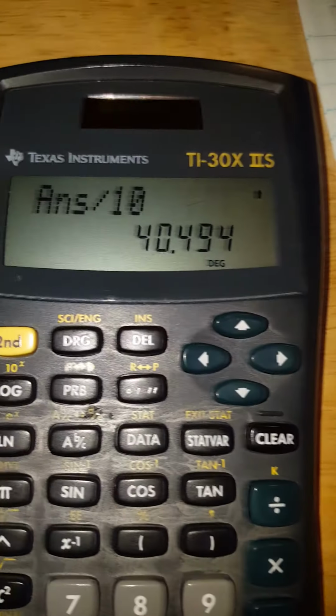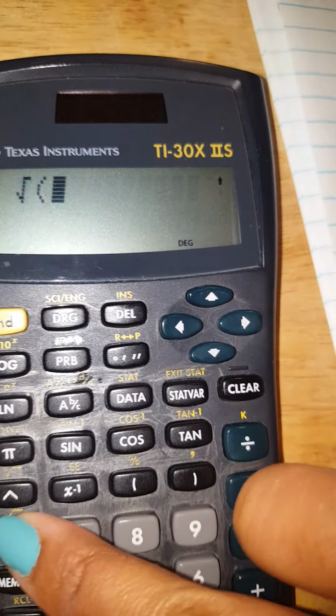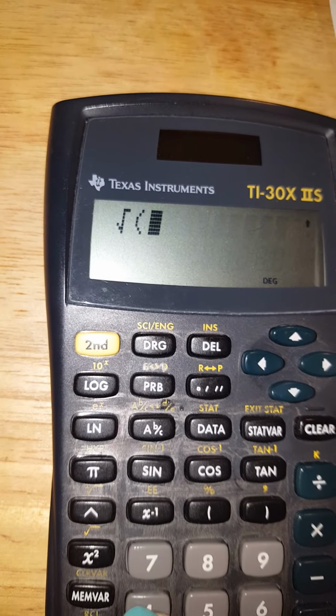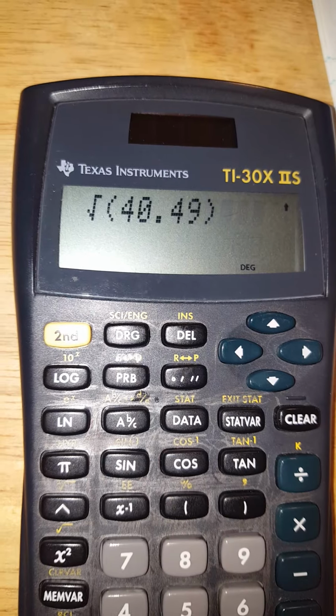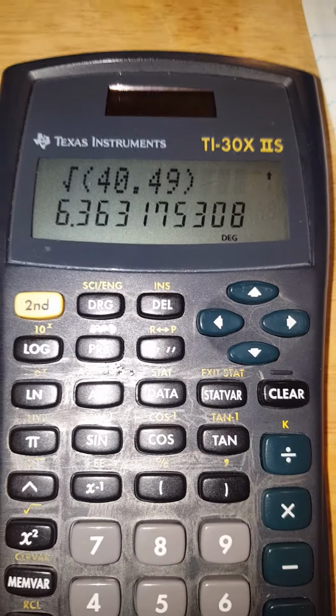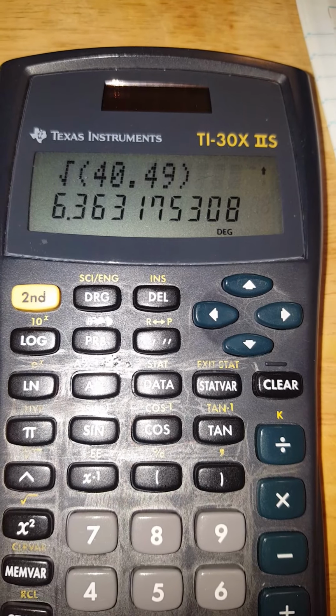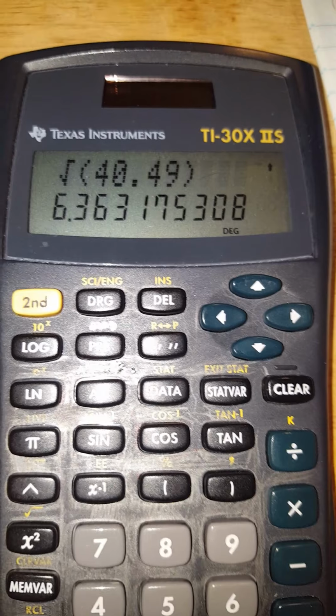Going back over to my calculator, clearing it out, taking the square root of 40.49 gives us a standard deviation. Again, we're rounding our answer to the nearest hundredth, so that gives us a standard deviation of approximately 6.36.